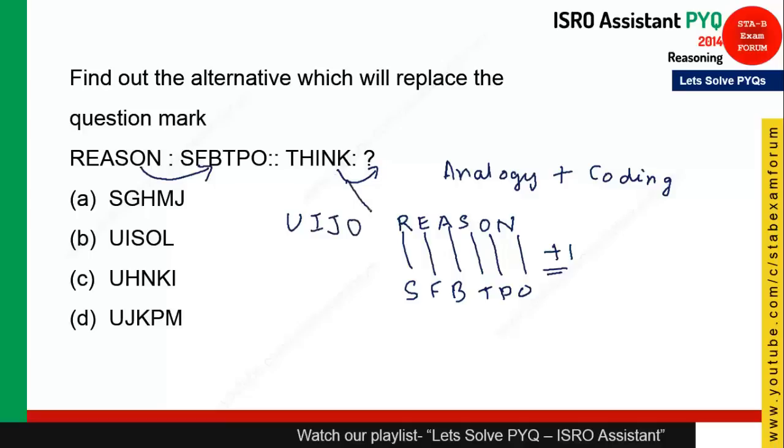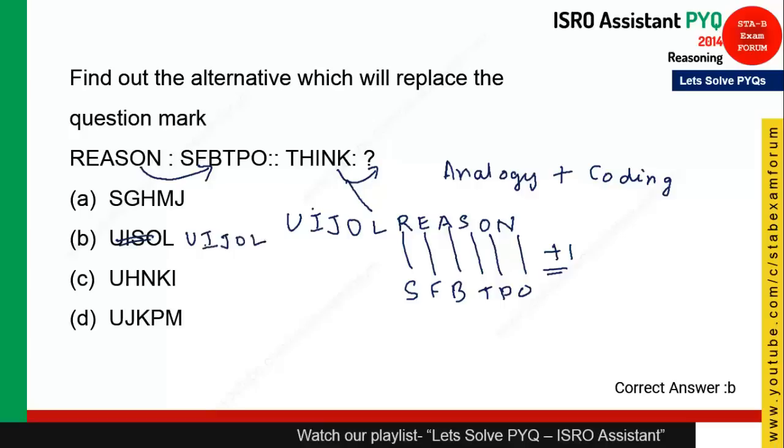O. So it is UIJOL. Student, this is wrong. Option 2 is misprinted. It is UIJOL.